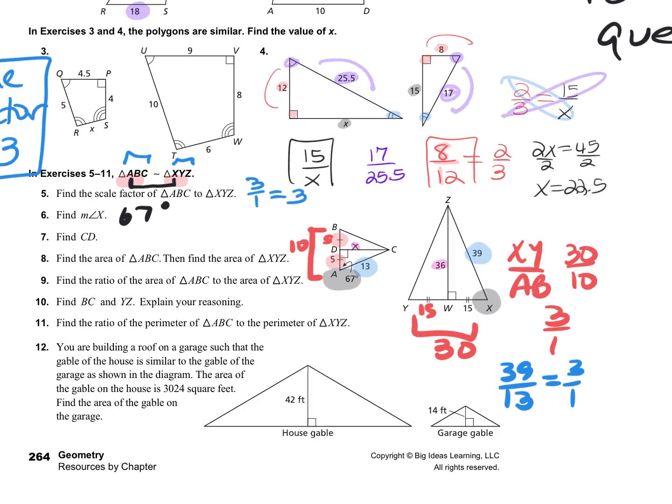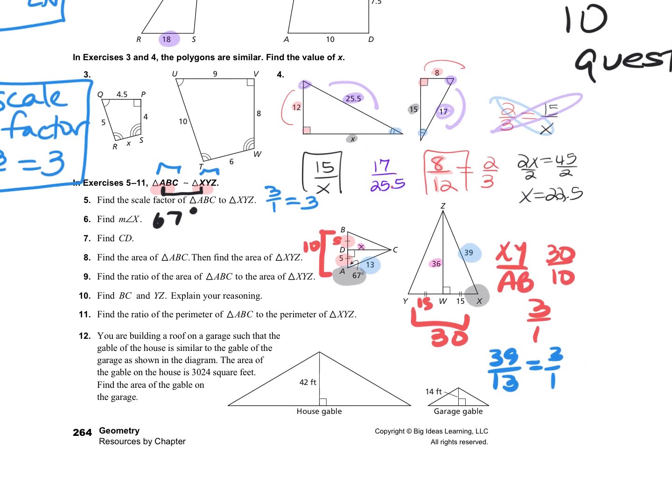So in order to find CD, I can do 3 over 1 equals 36 over X. So I'm going to go ahead and cross multiply, and I get 3X equals 36, divide by 3, and X equals 12, which was what I had said CD was.